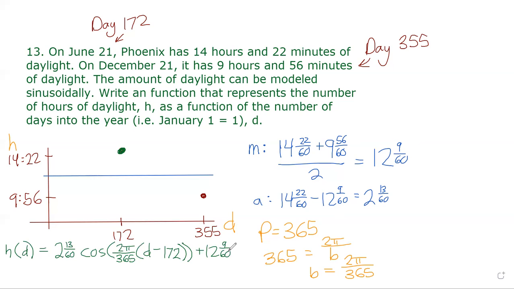So it's not easy, but doing it in terms of cosine in this case, because we know where that high point is, we don't really have to do much work to find the horizontal shift. So that makes that much easier.